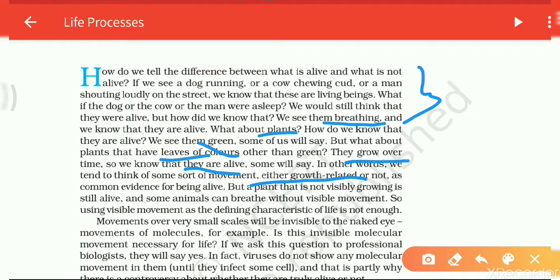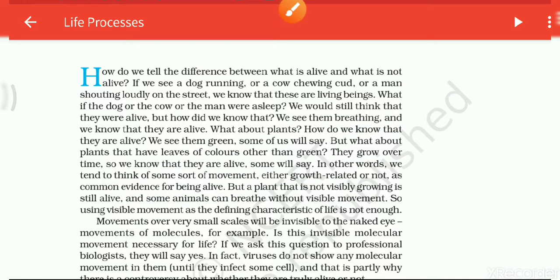First of all, we will complete this line here, common evidence for being alive. I told you earlier also that movement in the body is a proof, a common evidence for being alive. Evidence means proof. Movement is the proof that this organism is alive.